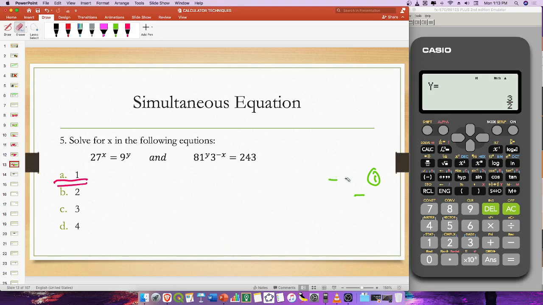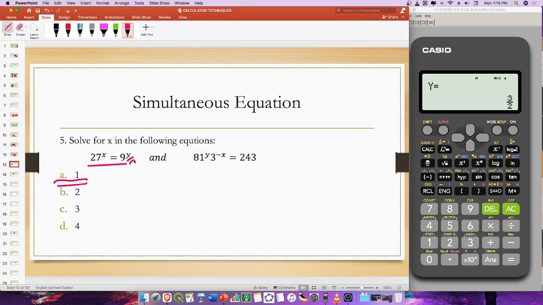Now, I will be using another solution here. This time, instead of creating two equations of x and y, I will just manipulate this equation and solve for the value of y. I will solve for the value of y here by manipulating this equation. To solve for the value of y, we can just use the logarithm method.